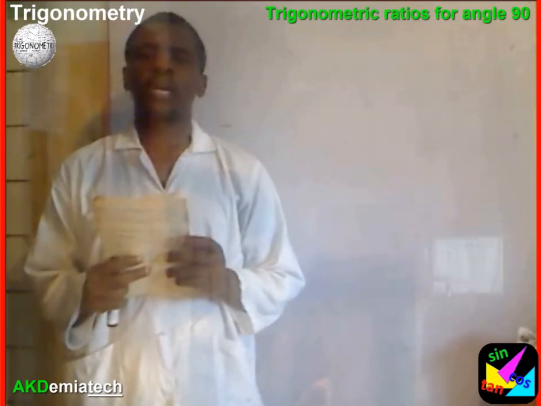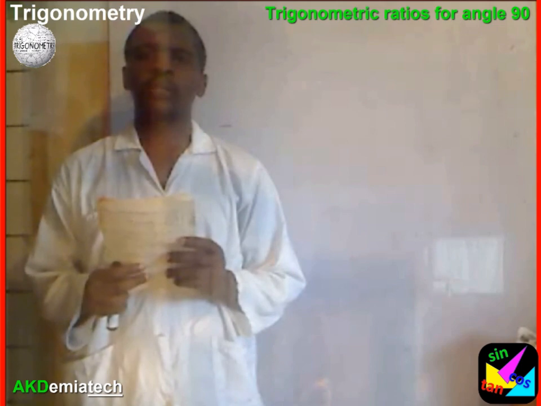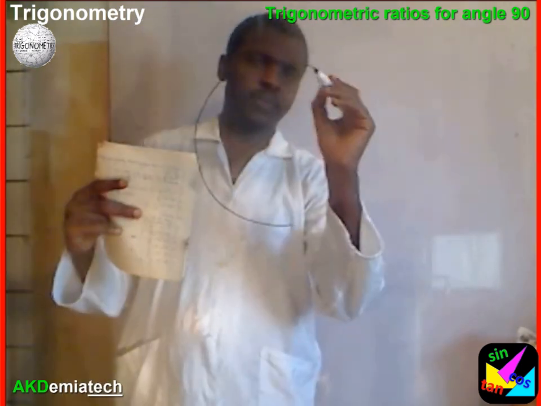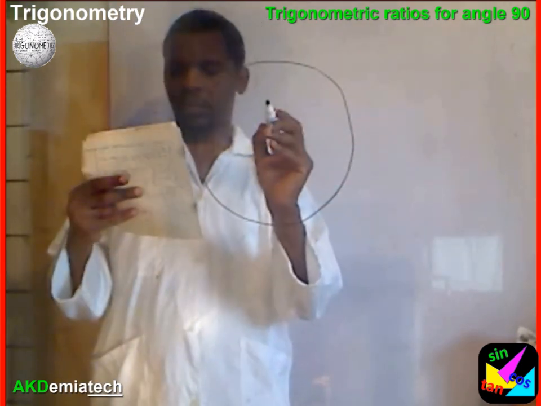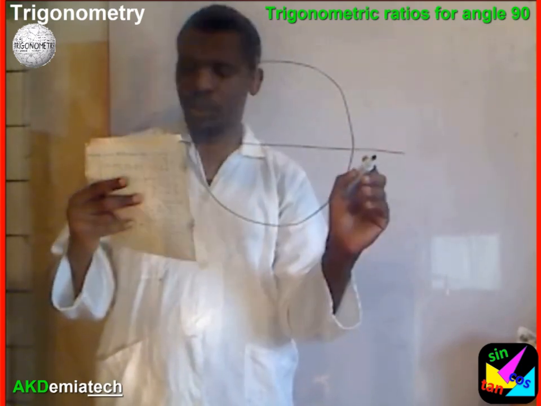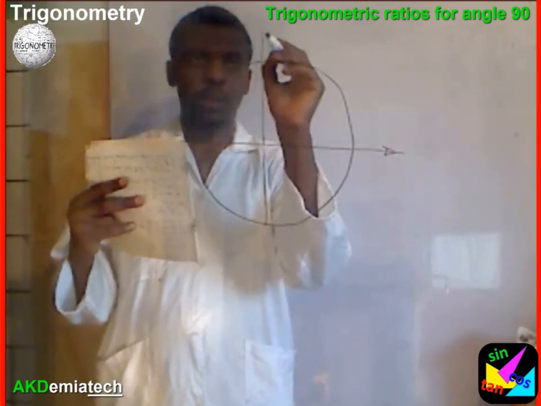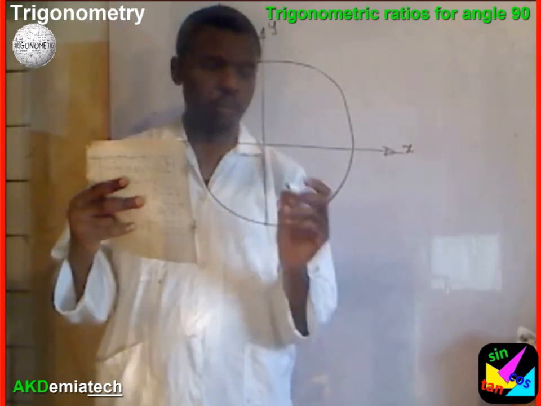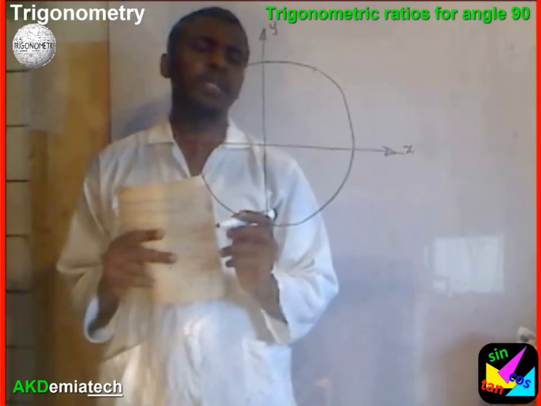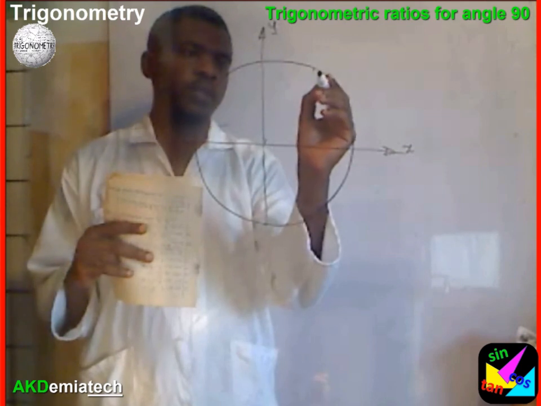Let us work out the ratios of some common angles. Consider this figure with this triangle.